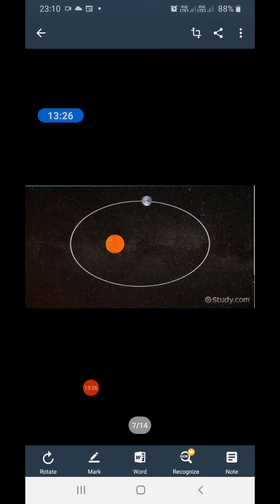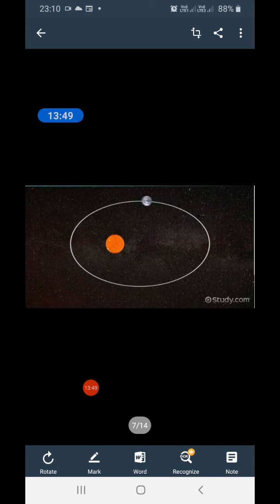Now children, this diagram is showing you the sun in the center. The orbit of the earth is elliptic, that is, it is oval, which I just explained to you a little earlier. And you will see that in this diagram, the earth is going to move around this sun.